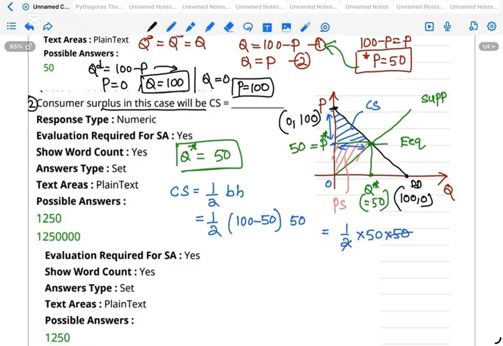That is 25 times 50, which is 1250. Write the answer.